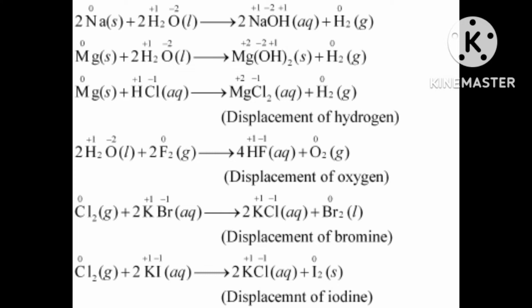Okay, and because it is losing electrons, what is loss of electrons? Loss of electrons is oxidation. Correct? And because it is losing the electron, that is the reducing agent. This is called reducing agent.